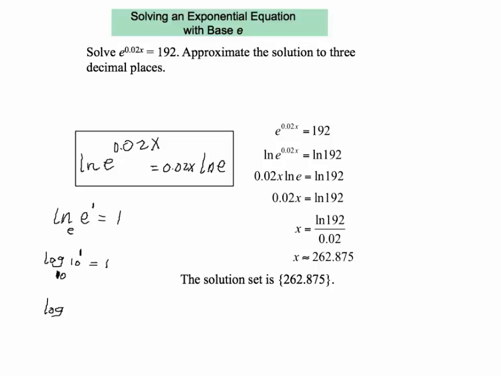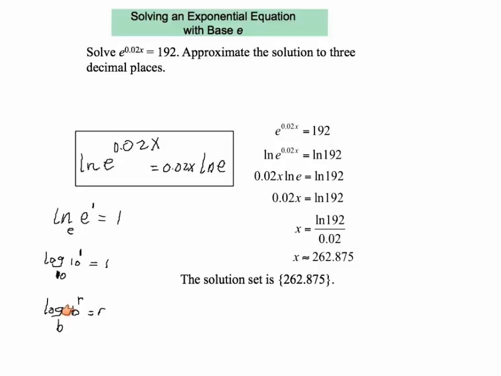So in general, if I have log of b to the power of r, and the base is the same as the base of the exponent, whatever number the exponent is, that's what it is equal to, r. As you see here, since the bases are the same, natural log of e would be equal to 1.